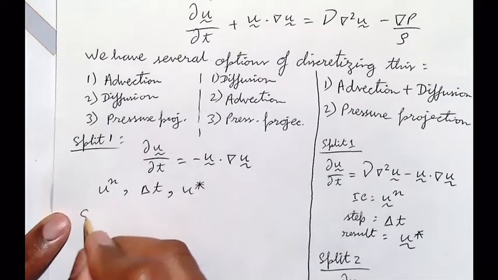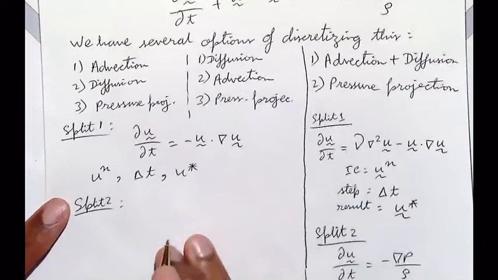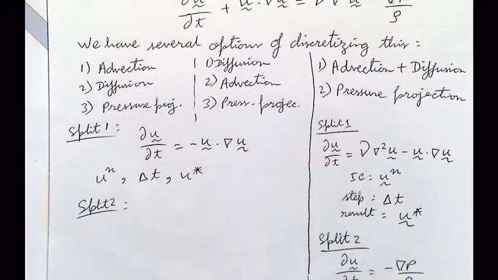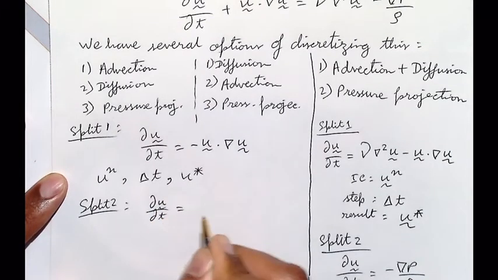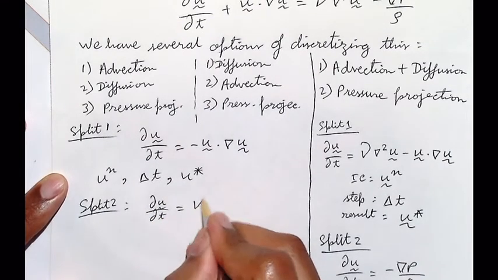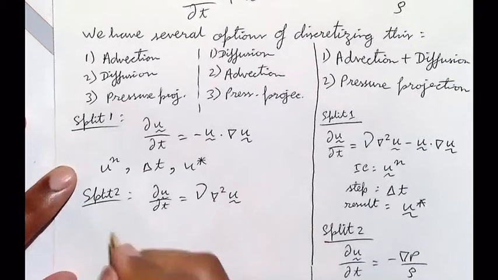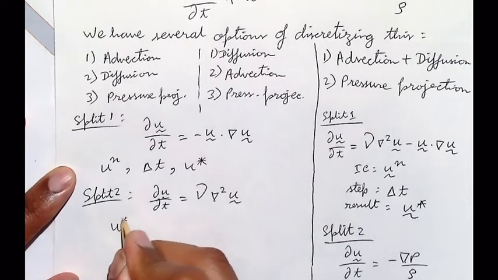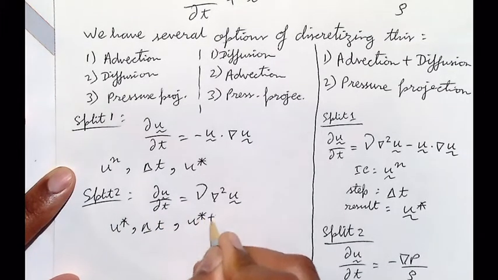Okay, split two: du/dt equals nu nabla squared u. Initial condition u star, step size delta t, result u star star.